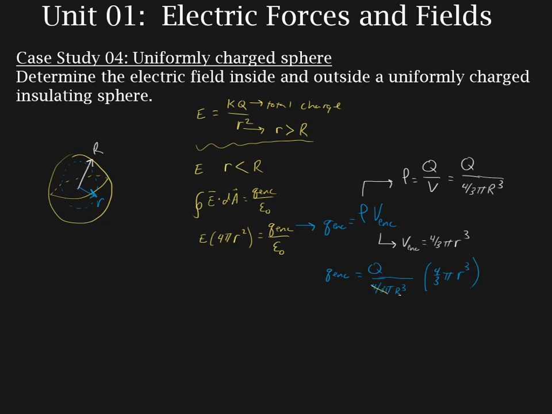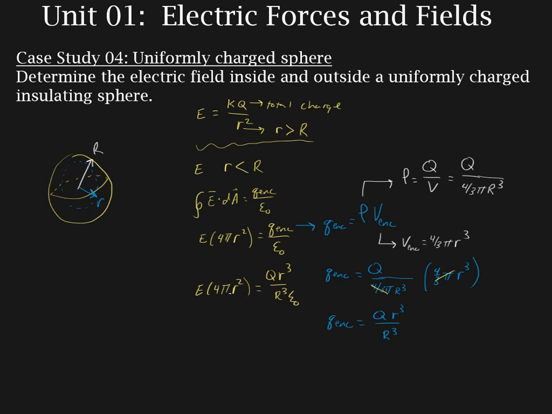So we can cancel out 4/3 pi, and Q enclosed becomes Q little r cubed over capital R cubed. So E times 4 pi little r squared is equal to capital Q little r cubed over capital R cubed epsilon naught.